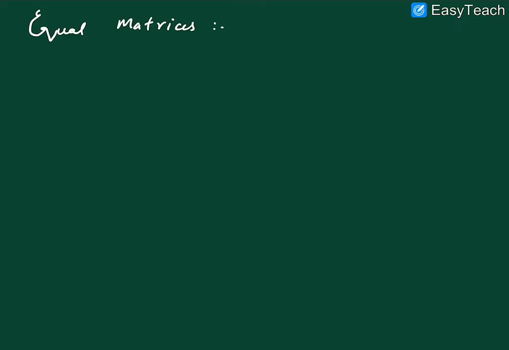Obviously, we have to compare one matrix with the other matrix, then it will be matrices. So 2 or more than 2 matrices can be equal. So here let's see, we can say 2 matrices are said to be equal.